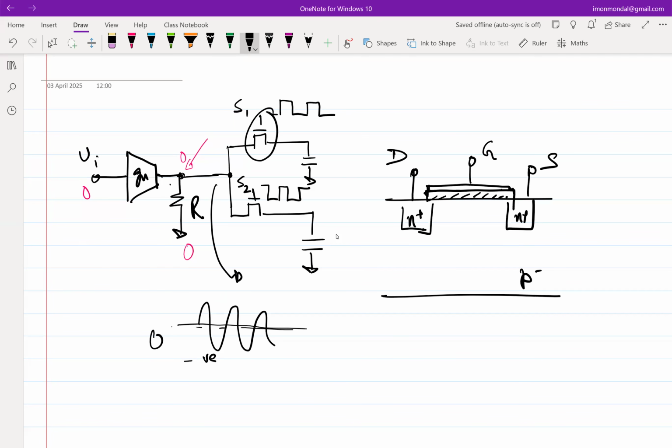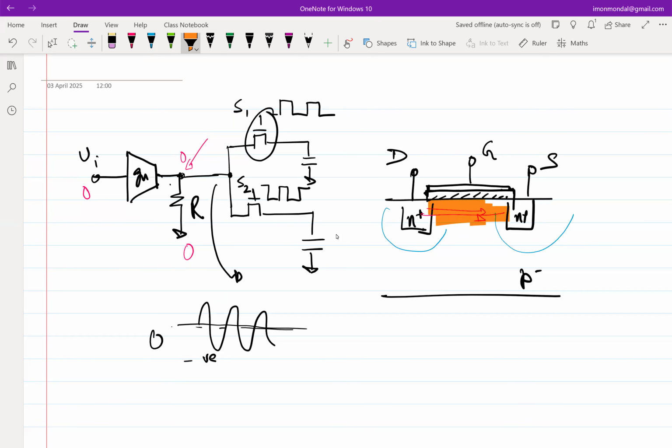So ideal case, assume drain and source are shorted, which essentially means that this is a PN junction here. So this is a PN junction, this is a PN junction, right? So you would expect for a proper operation of a MOSFET, these PN junctions to be forward biased or reverse biased? Reverse biased, right? So you would want all the current to flow in this direction in the channel in the presence of inversion charge.